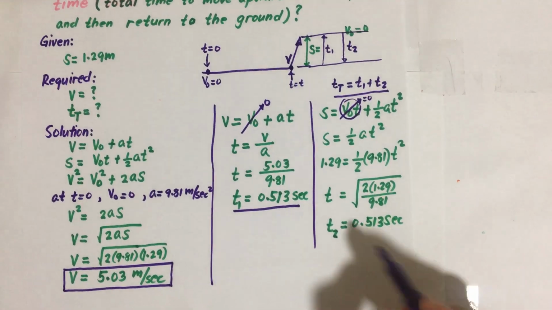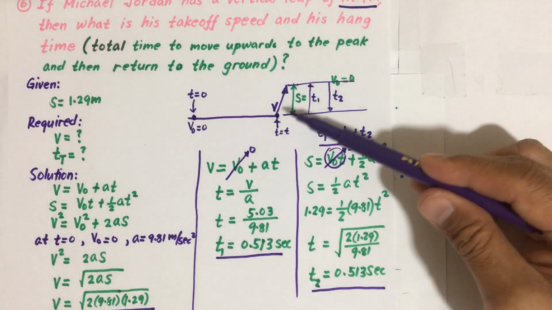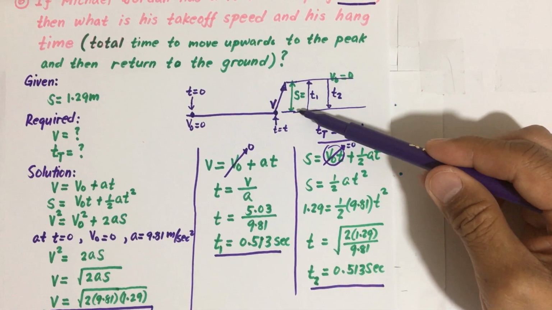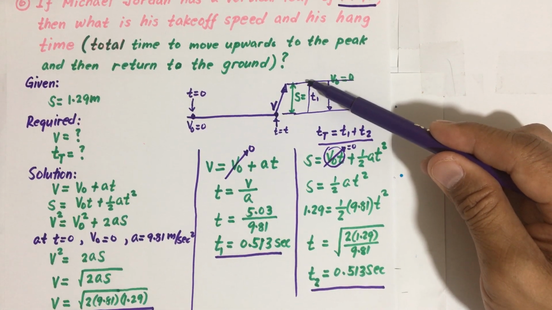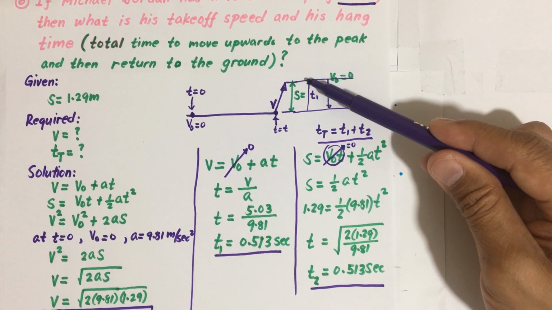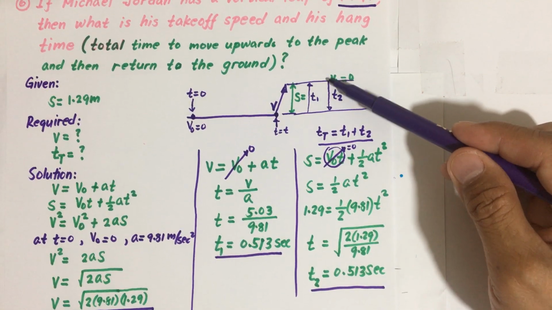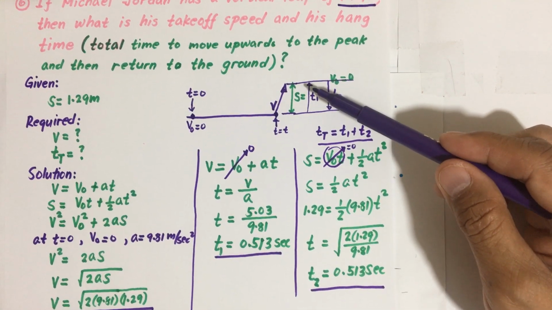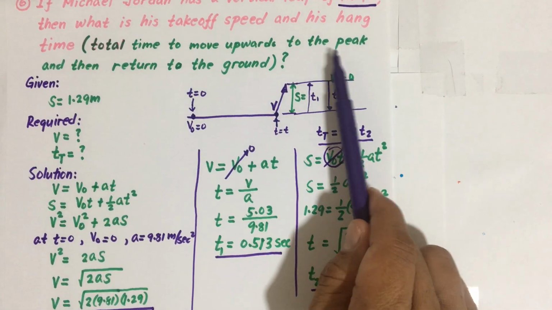So that's our T2. And from our analysis, the total time is the time when Michael Jordan makes a vertical leap. It takes him T1 to reach the top where he stops going up, stays for a very short period of time, and then goes down. So that is T1. Then when it goes down, we have this time T2. The hang time for Michael Jordan is the total time to move upward to the peak and then return to the ground.